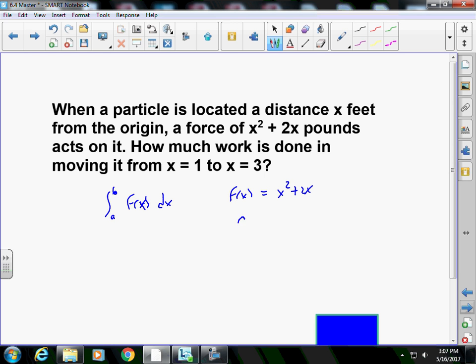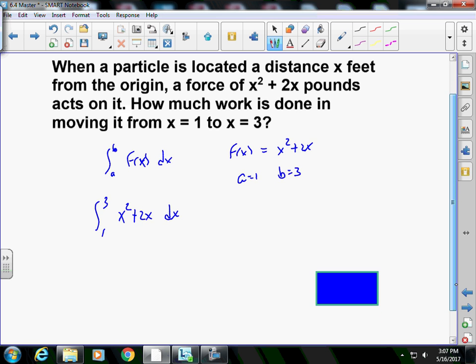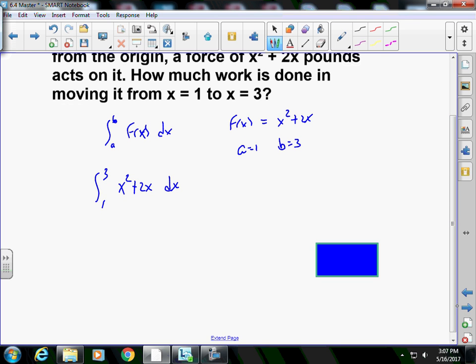Right. We know a is equal to 1, b is equal to 3. That's the distance I want to move. So I'm going to integrate from 1 to 3, x squared plus 2x dx, because that's what we're supposed to do. And these are all in pounds. We're not having to worry about lifting anything up, so everything's fine.